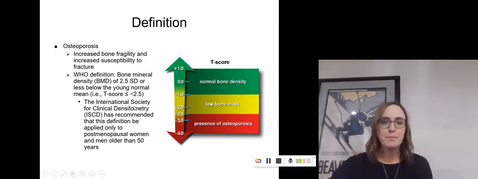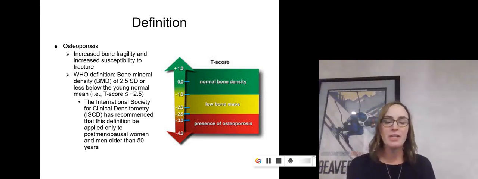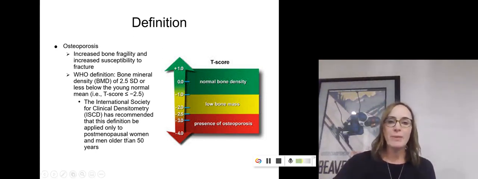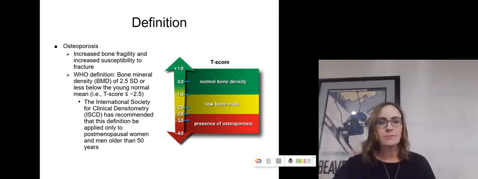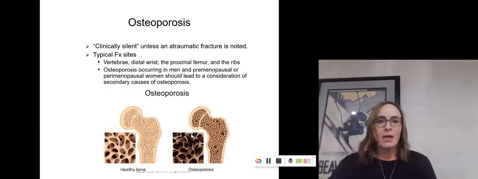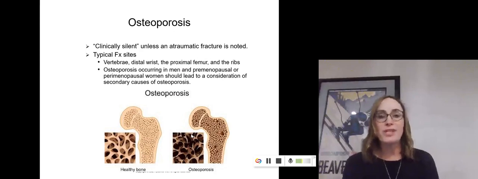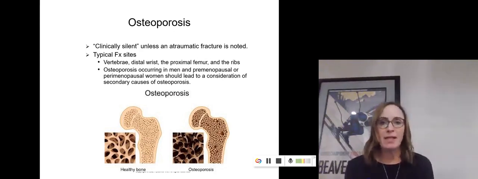Typically, the International Society for Clinical Densitometry has recommended that the definition be applied only to postmenopausal women and men older than 50. Osteoporosis is typically clinically silent unless a fracture is noted.